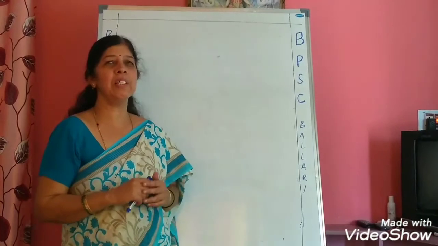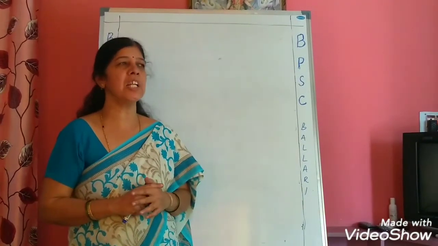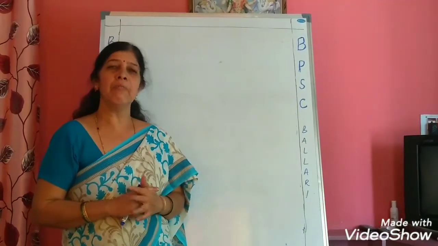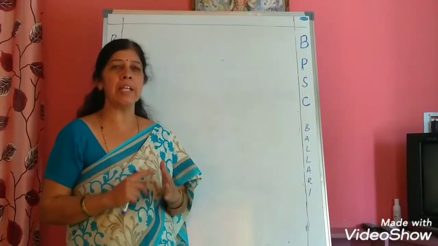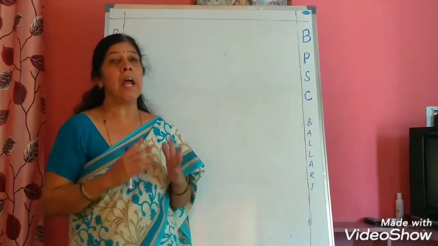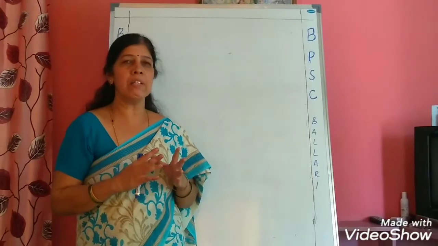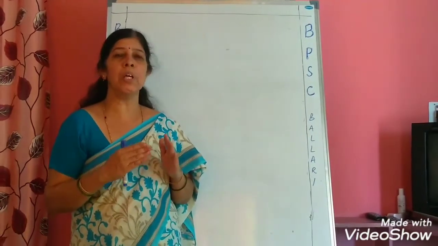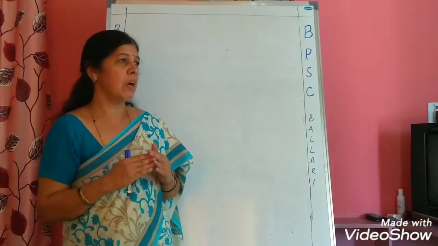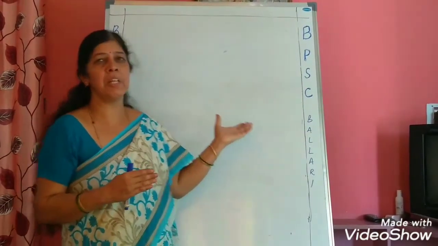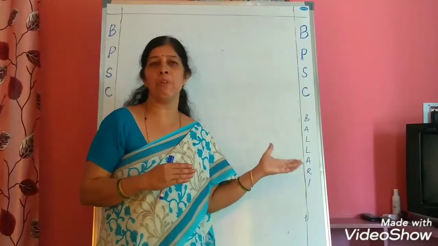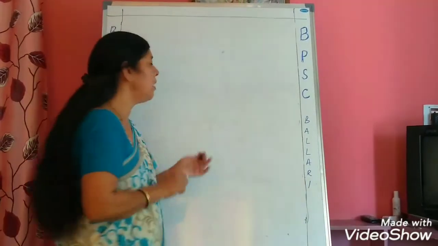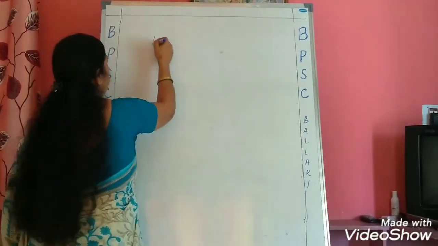So now we have learned expressions for gravitational potential energy and kinetic energy. We have also learned the relation between kinetic energy and linear momentum, and the work energy theorem. All these are very, very important expressions, and you need to learn the derivations also. Now let us know the types of kinetic energy. In kinetic energy we have three types.